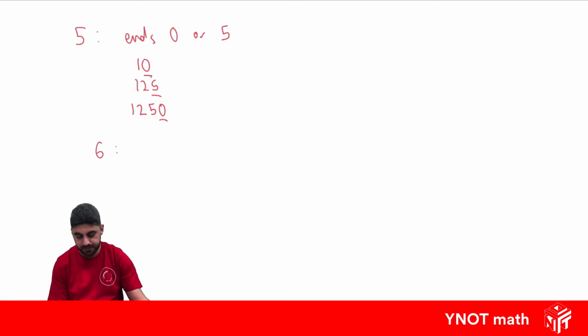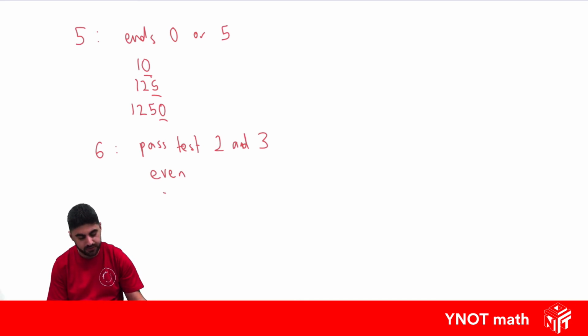What about 6? It has to pass the test for 2 and 3. And that's because 2 times 3 is 6, which means it has to be even, and the digits have to sum to a number divisible by 3.